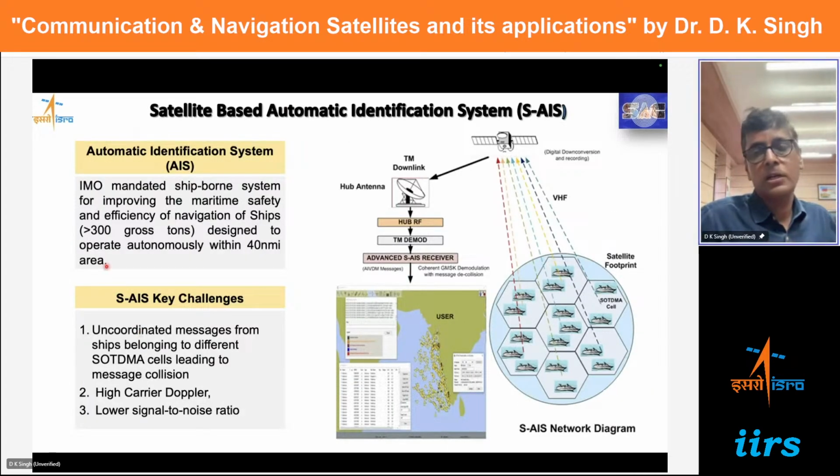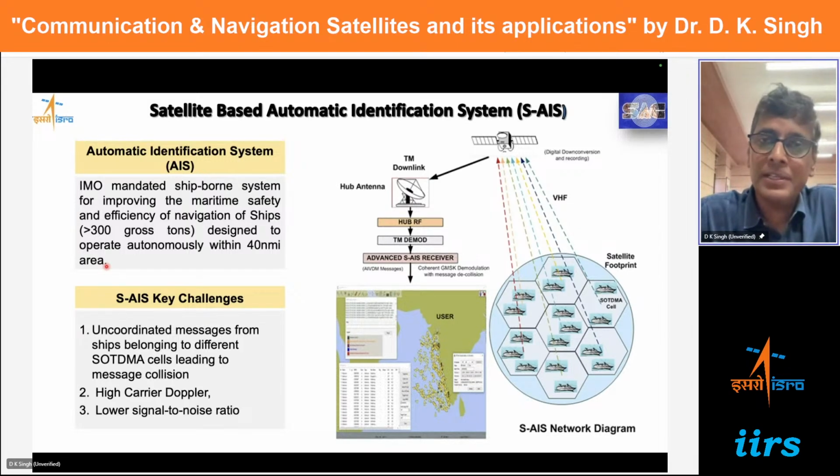Now there is one more satellite-based application called satellite-based automatic identification system.